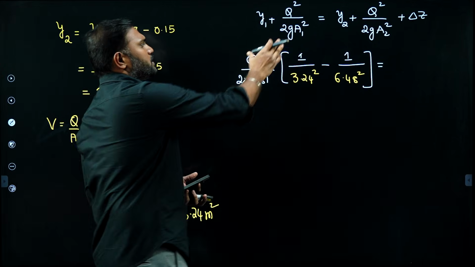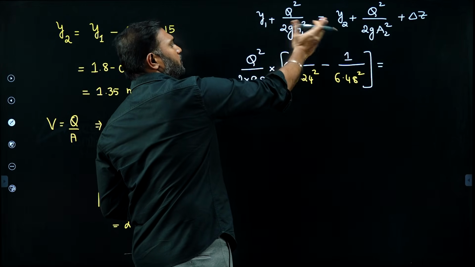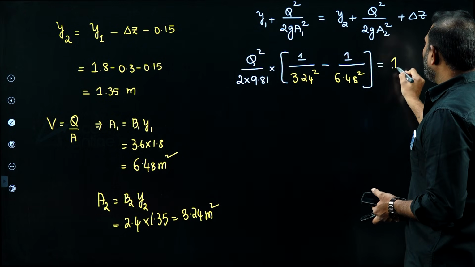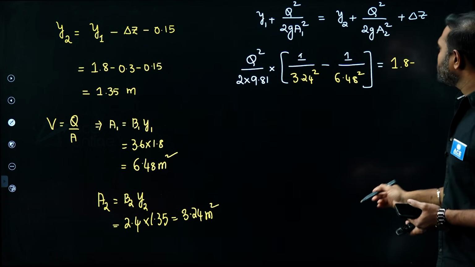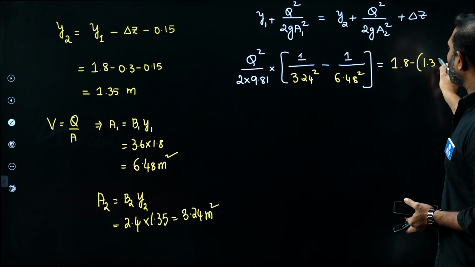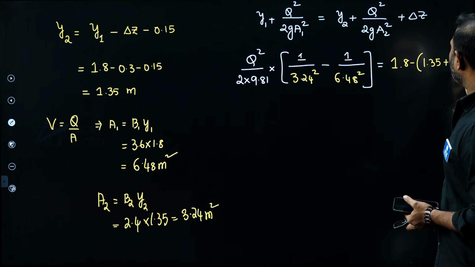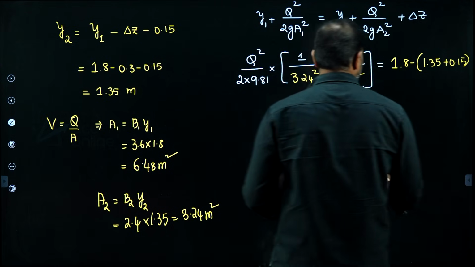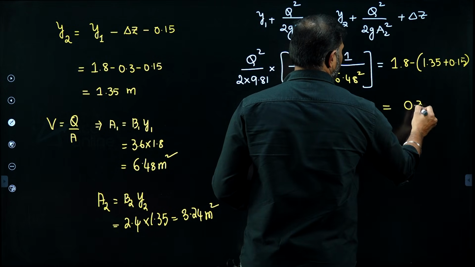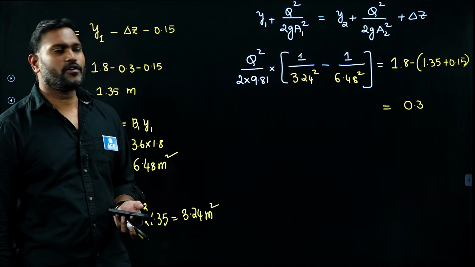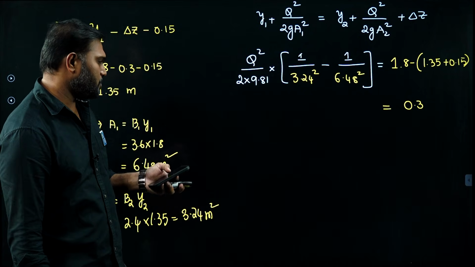Now you are sending a1 to the other side, now bring that y1 minus y2 minus delta z. So, what is y1? 1.8 minus y2, 1.35 plus 0.15. So, if you solve it, 1.35 plus 0.15 is 1.5, and 1.8 minus 1.5 is 0.3.